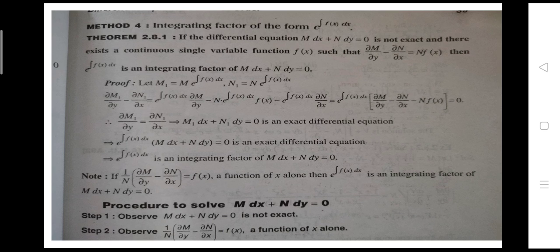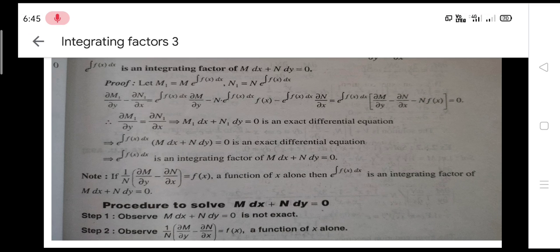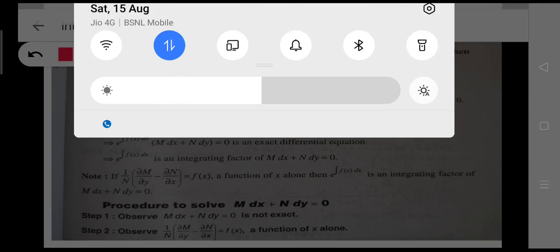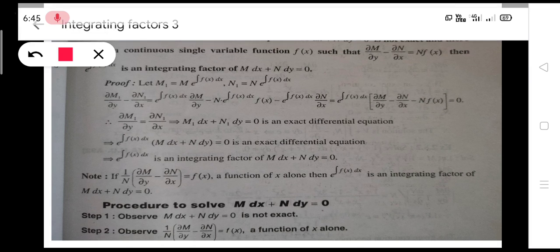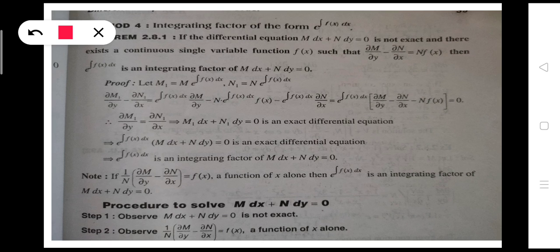So dou M1 by dou y minus dou N1 by dou x is equal to e power integral f of x dx into dou M by dou y minus N into e power integral f of x dx into f of x minus e power integral f of x dx into dou N by dou x.